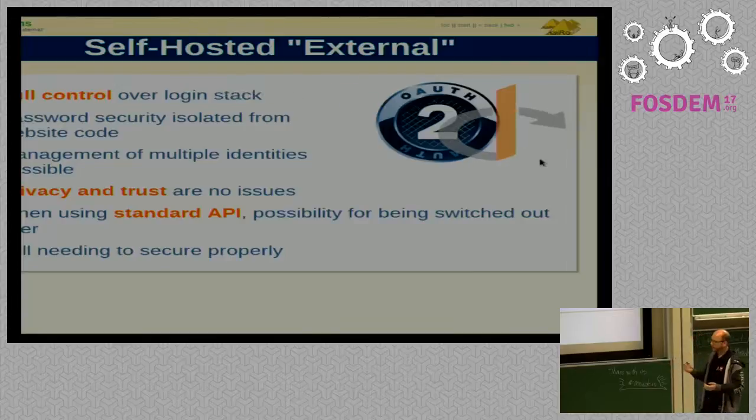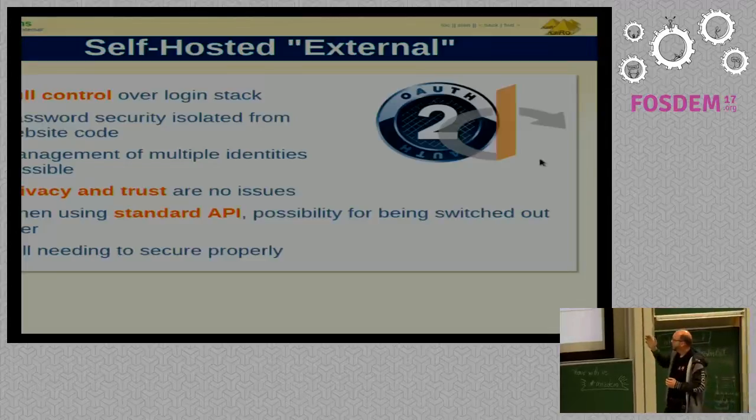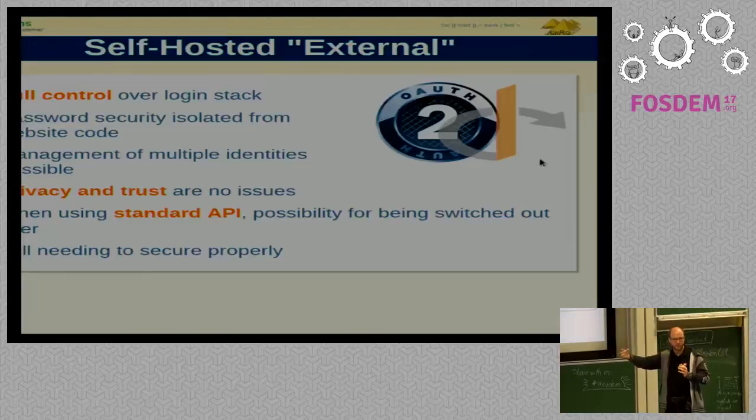And when I'm using a standard API, like OAuth 2 or OpenID Connect, there's a good possibility if I find out that's not the solution I want in the long run, I can switch it out to some other solution that uses the same protocols, because I already have the code for that in the website. The downside is I still need to secure the whole system and the passwords properly.